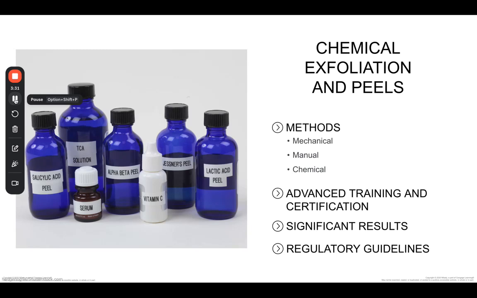So microdermabrasion is a mechanical form of exfoliation. We also have manual forms of exfoliation, which are like our scrubs. So sugar scrubs, salt scrubs, jojoba beads inside of a sugar or salt scrub. Those would be considered to be manual exfoliation.